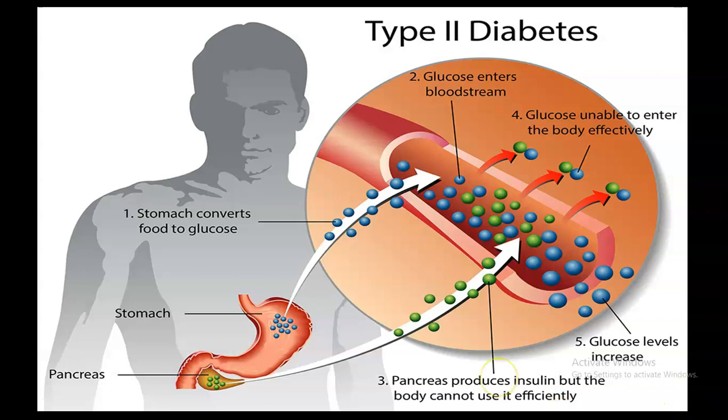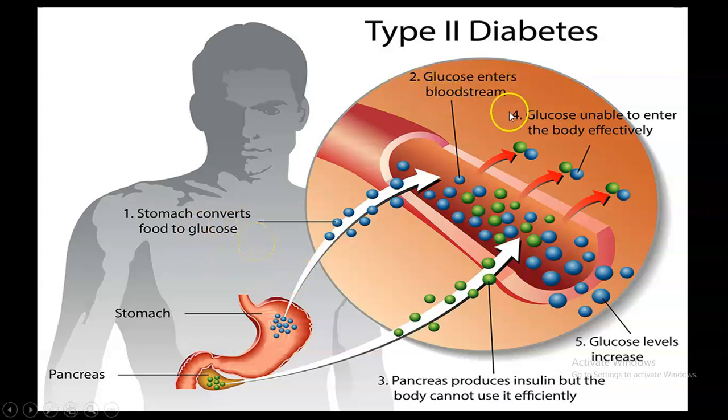So this picture is also talking about type 2 diabetes. The glucose enters the bloodstream, but is unable to enter the body effectively. The diagram starts from here. The stomach converts food to glucose. So you eat carbohydrate and then it is converted to glucose.